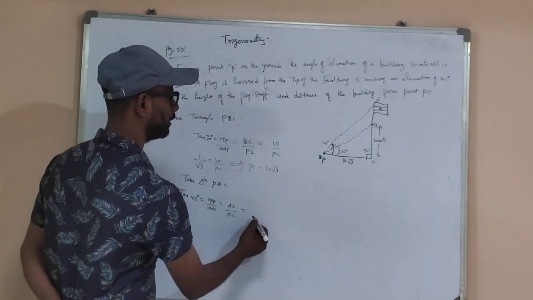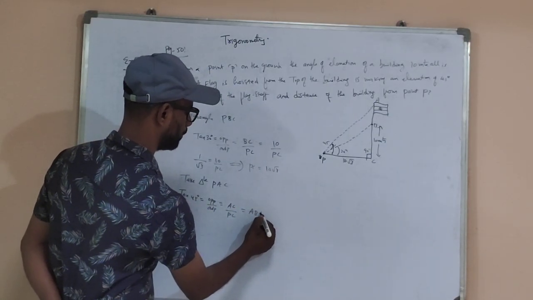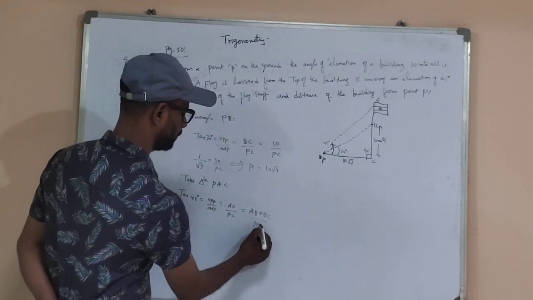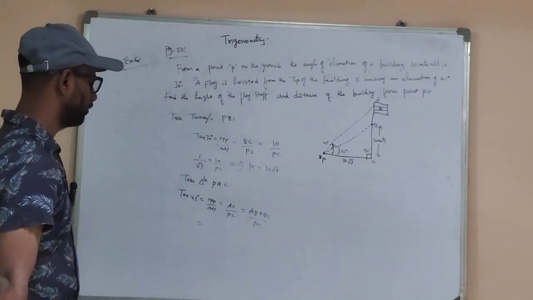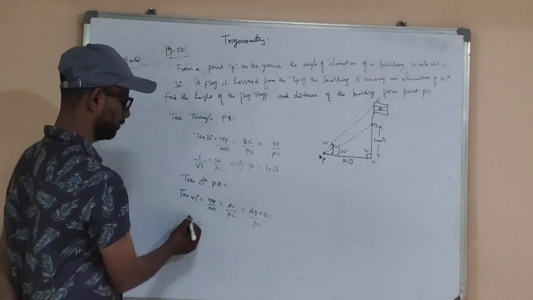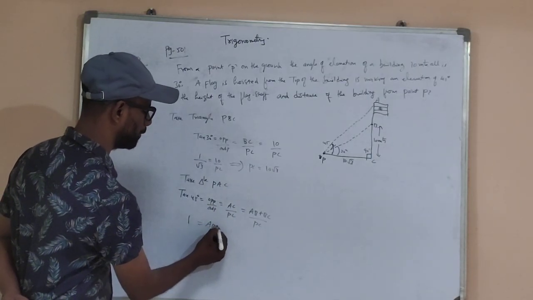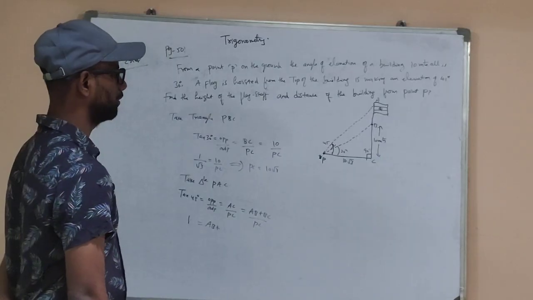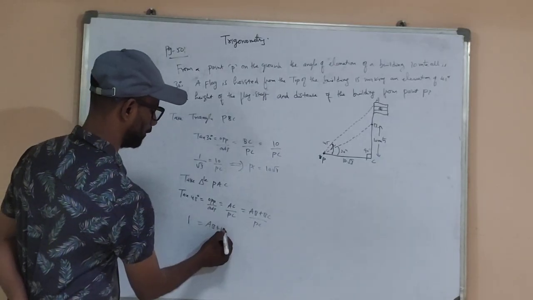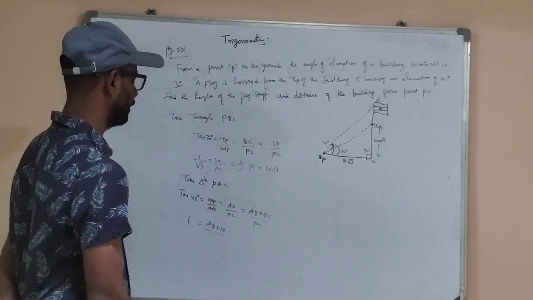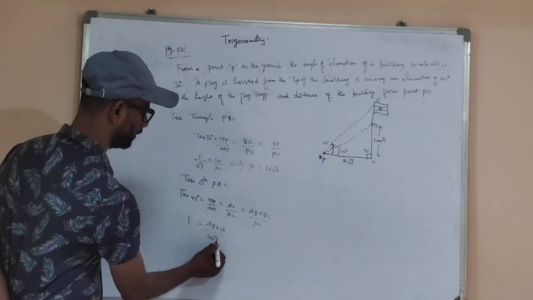Here AC means AB plus BC. So AB plus BC by PC is equal to tan 45, which is 1. AB we don't know, BC is 10 meters, and PC is 10 root 3.